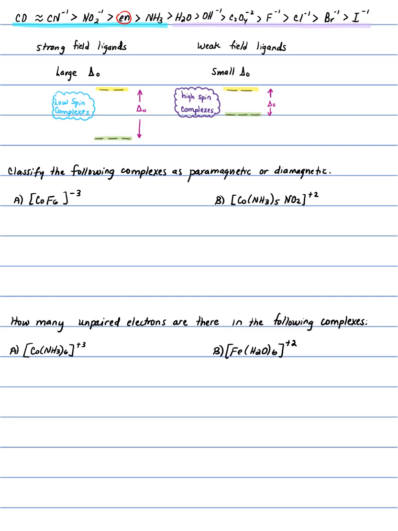So I'm going to solve one for each one of these, and then you can solve the other one. For the first problem here, this is asking you if a complex ion is paramagnetic or diamagnetic, which means that you still have to find out how many electrons you have in the d orbitals, where those electrons are going to be placed, and if it's a low spin or a high spin complex. So I'm going to do the first one, and then you can try to solve the second one.